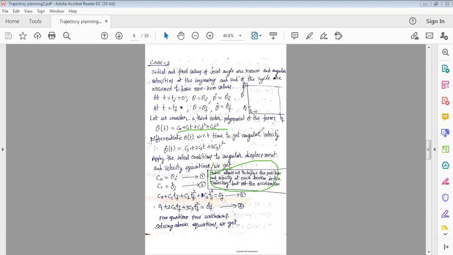So it is not suitable to calculate the acceleration trajectory. That's why this cubic polynomial function fails to find acceleration, and so we go for a fifth order polynomial function.